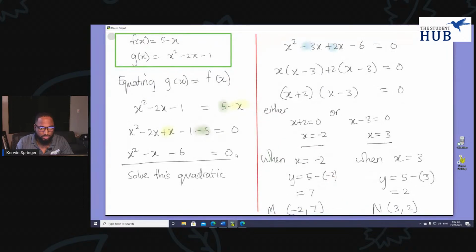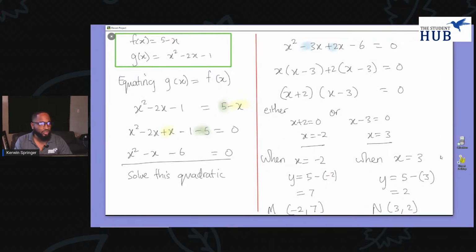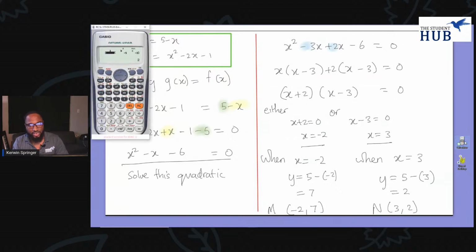There is also a way, for those of you who have this calculator that I recommend, to do this on the calculator. So I'm just going to show you the method very quickly. Press mode. Let's hope I remember how to do this.